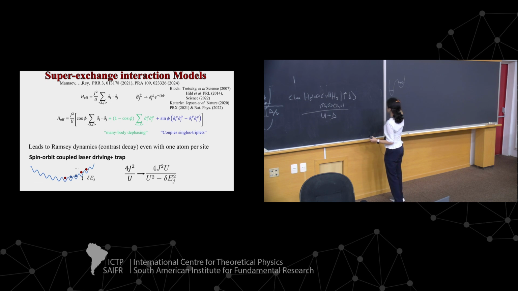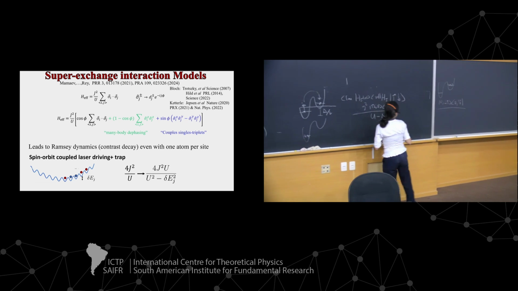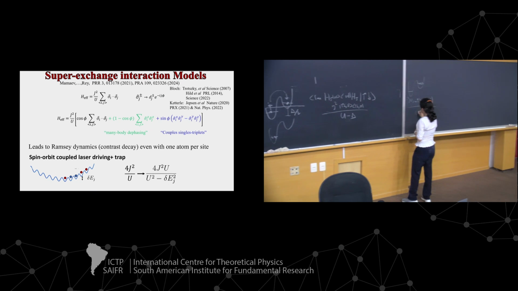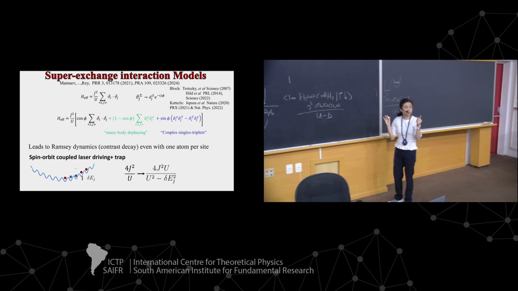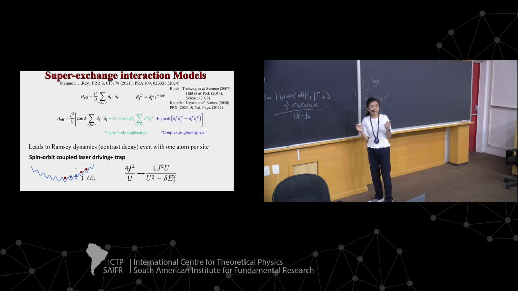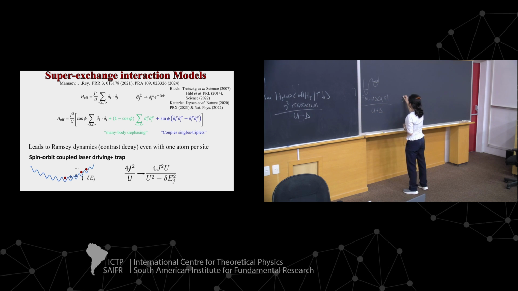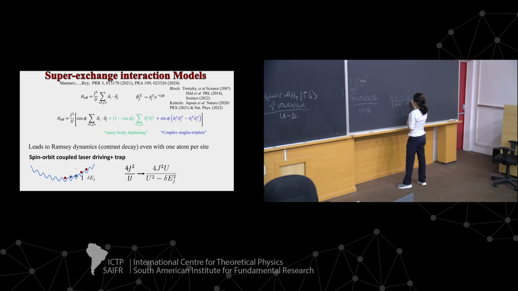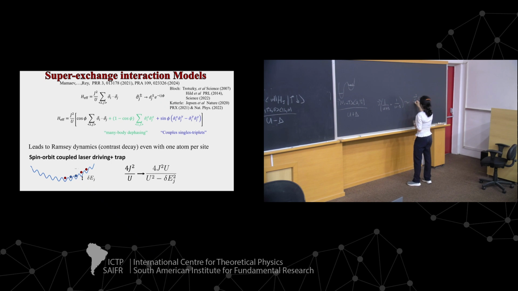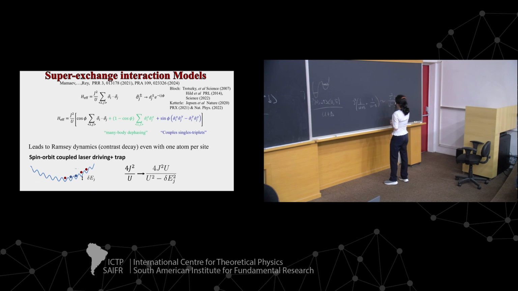So the second term, when you tunnel to the state down, up, has a denominator that is J squared over U plus delta, and the other is J squared over U minus delta. So you have the two processes going into play, and that's why the super exchange interaction is going to be J squared over U plus delta plus J squared over U minus delta, and therefore is proportional to J squared U divided by U squared minus delta squared.